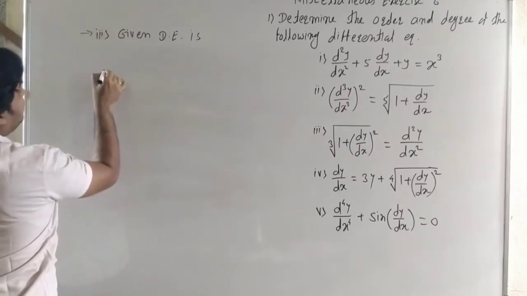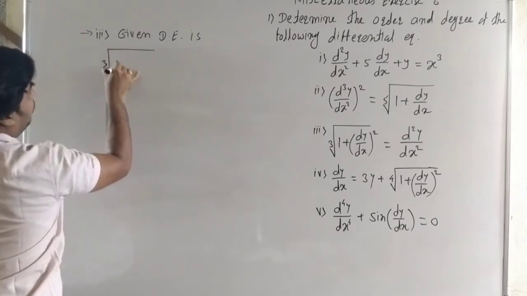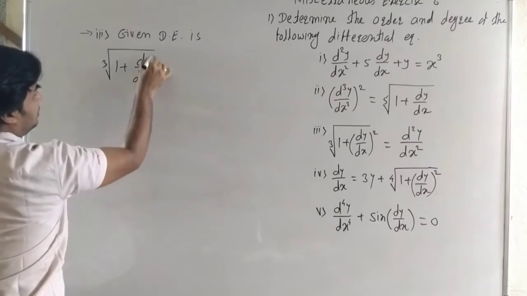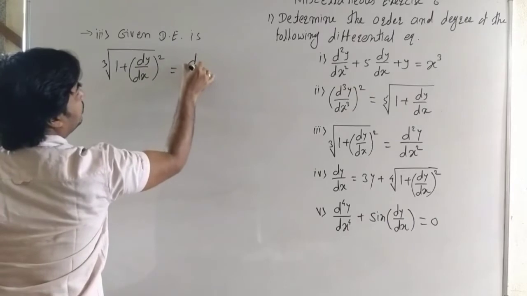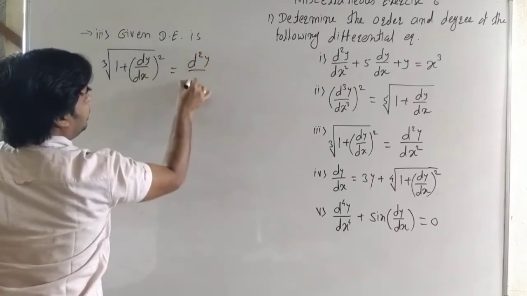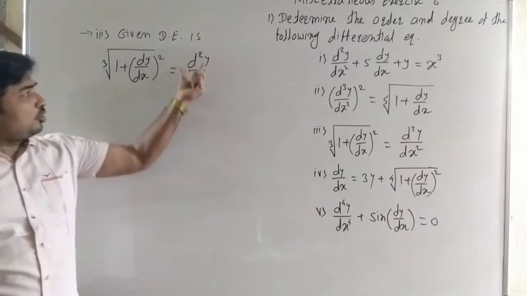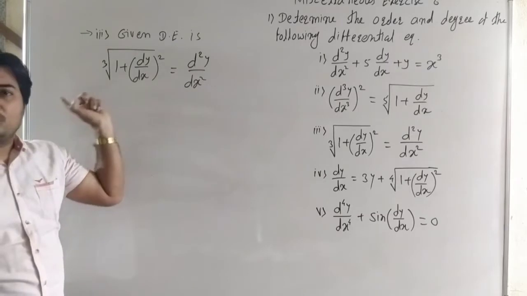Here the third is the cube root of 1 plus dy by dx whole square is equal to d2y by dx2. Again here the order of the differential equation is 2, but here it is a cube root, so taking the cube on both sides.